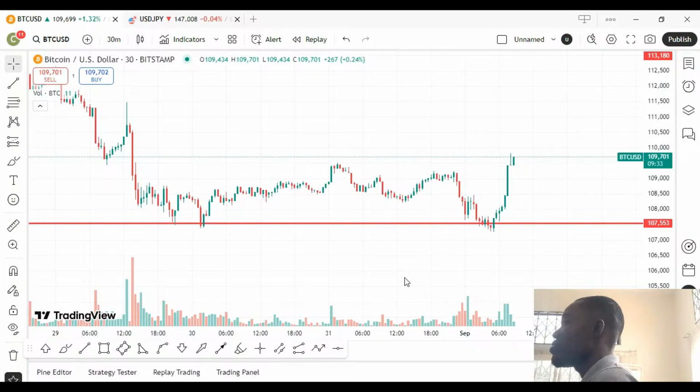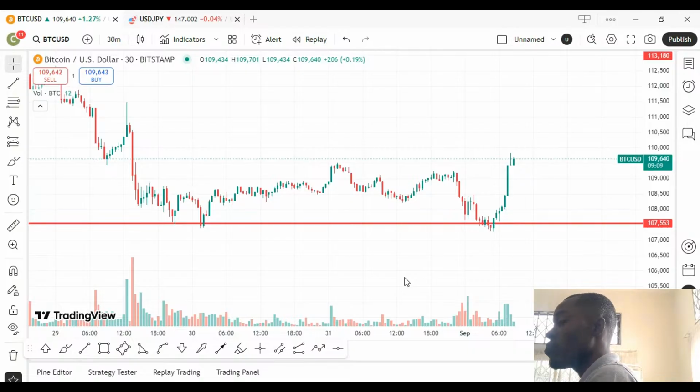So your lot size should be 0.01 from the start. And as time goes on and you are increasing your account size, then you can be increasing your risk, as in your lot size, small by small.